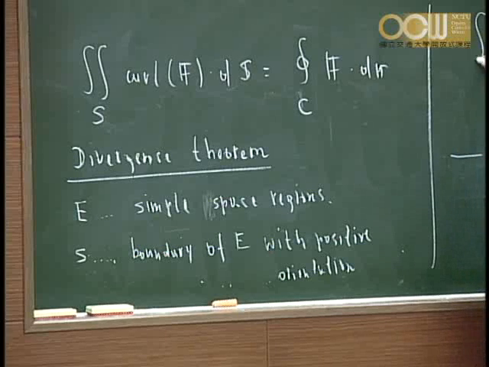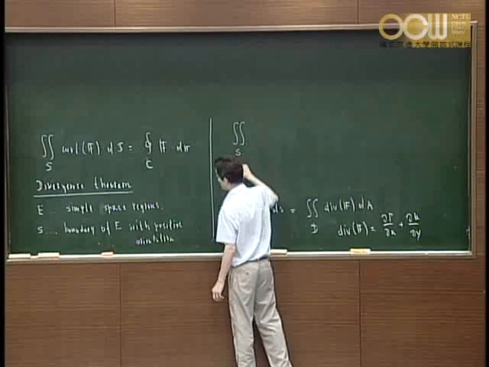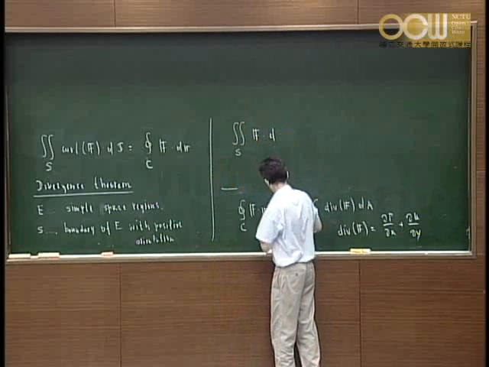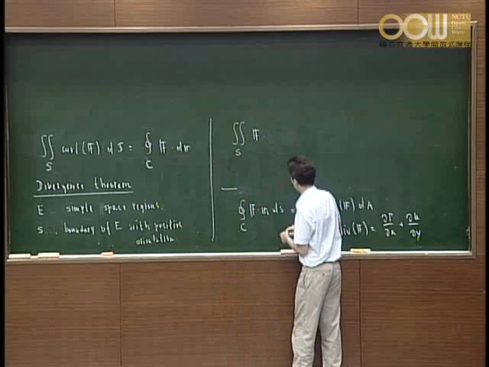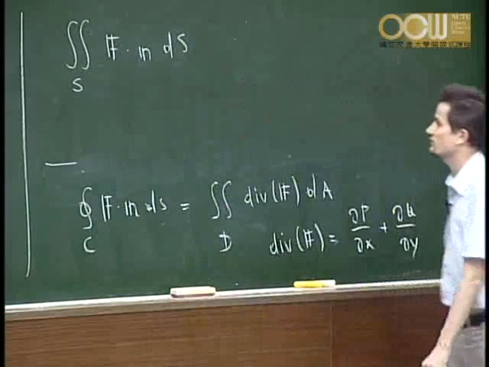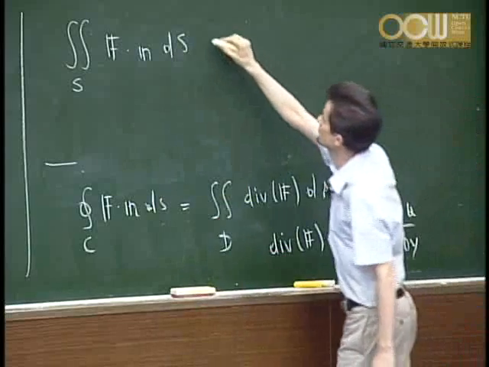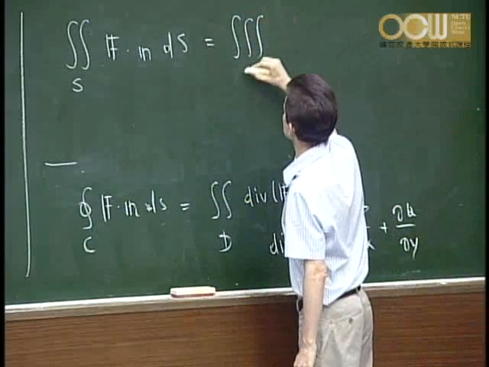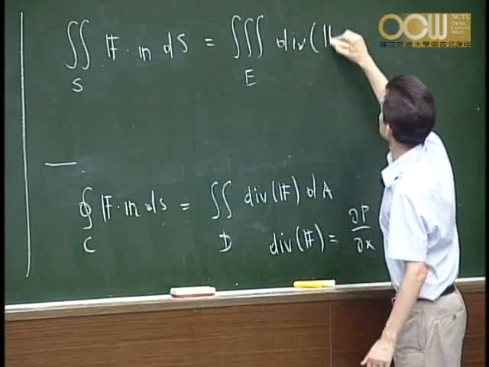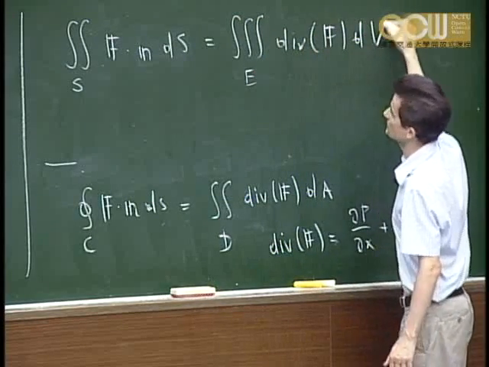The surface integral over S of F times dS, maybe I write this in the same form because this is the definition of the surface integral of a vector field, is equal to the triple integral over E of the divergence of F dV.